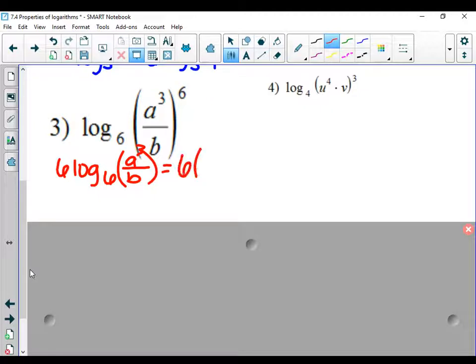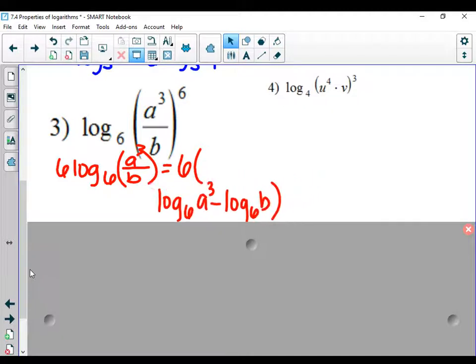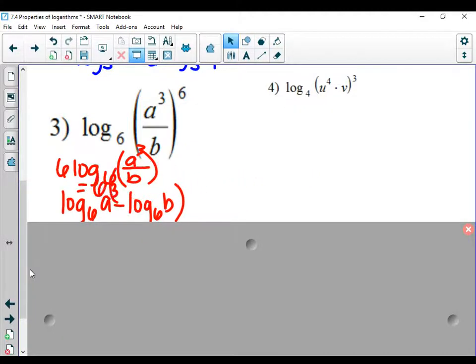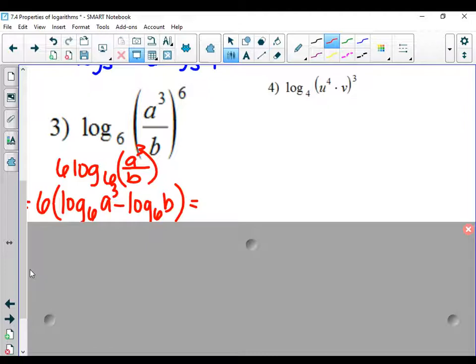Don't forget parentheses after you're expanding it to subtraction. Okay. And then you move the exponent on the A to the front of the log it's going to. And then what do you get once you distribute? It'd be 18 log base 6 A minus 6 log base 6.